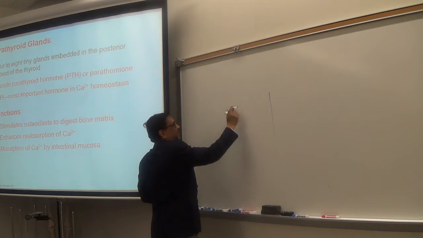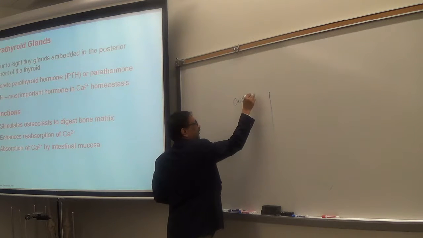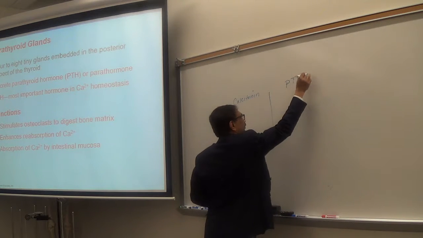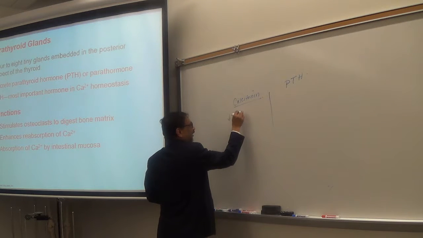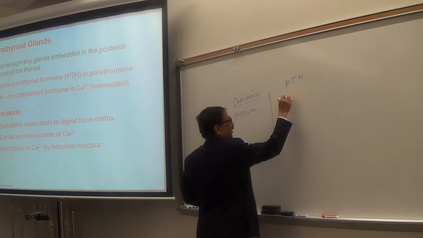Let's briefly summarize. Calcitonin, parathyroid hormone. Calcitonin lowers blood calcium. Parathyroid hormone increases blood calcium.